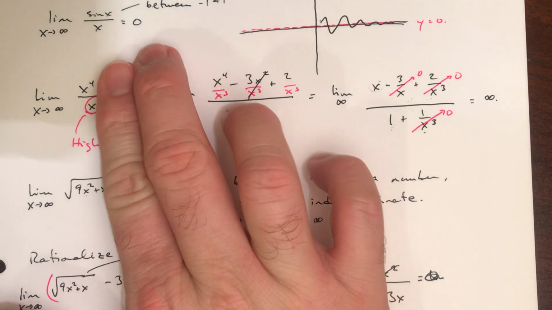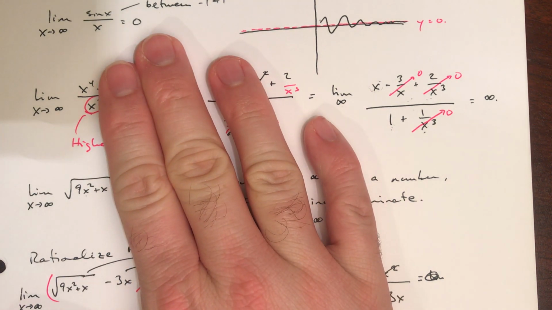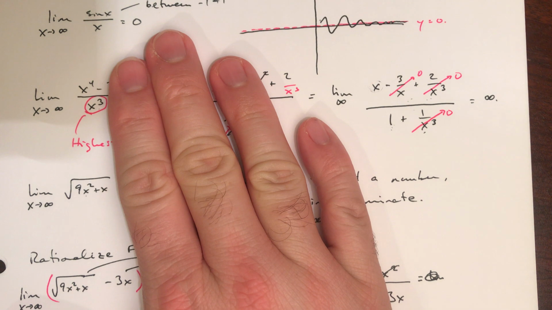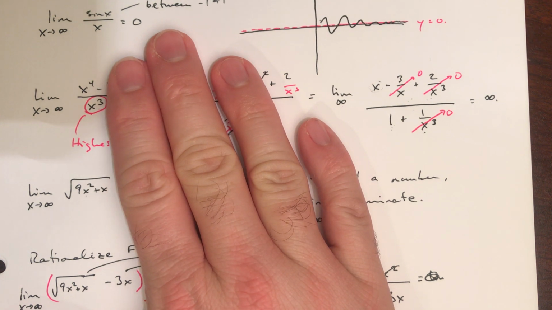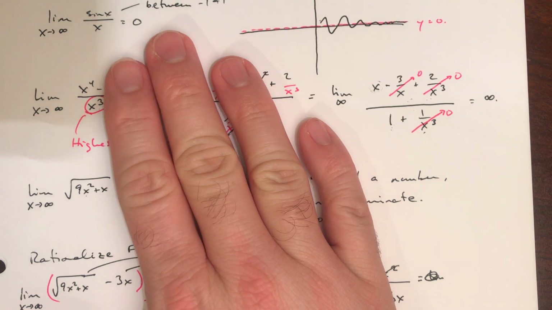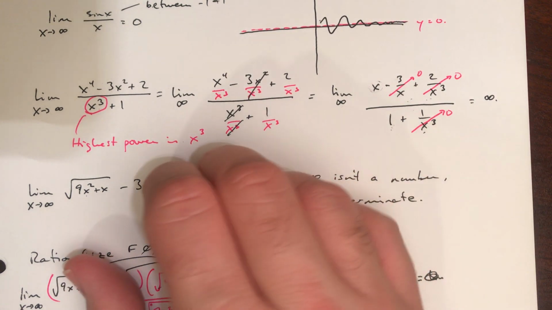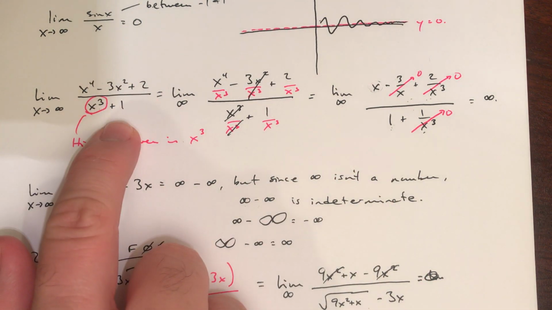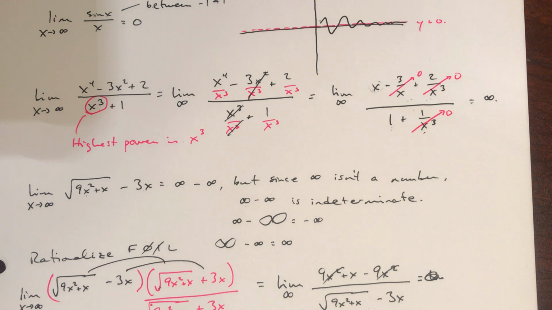And in this case, if we ignore the other terms and just look at x to the fourth and x to the third, those would divide out and leave us with an x. And in fact, that's exactly what our slant asymptote is going to be. The graph of this is going to get close to the graph of y equals x as we look out towards the very far right of the graph and the very far left of the graph.